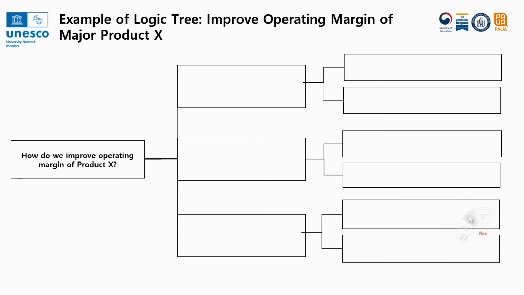And so the total size of the market is declining. So in this situation, the task given to us is, how do we improve operating margin of product X? So please think about what are the options to improve operating margin of product X in a very difficult business environment.